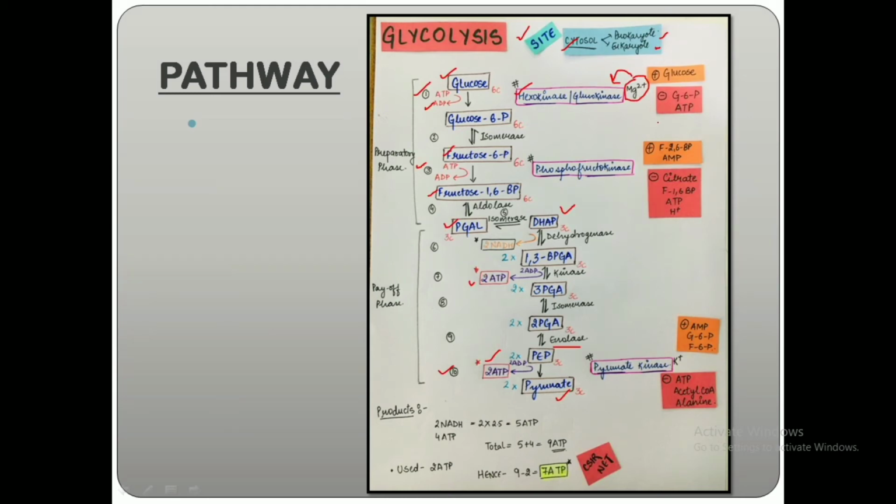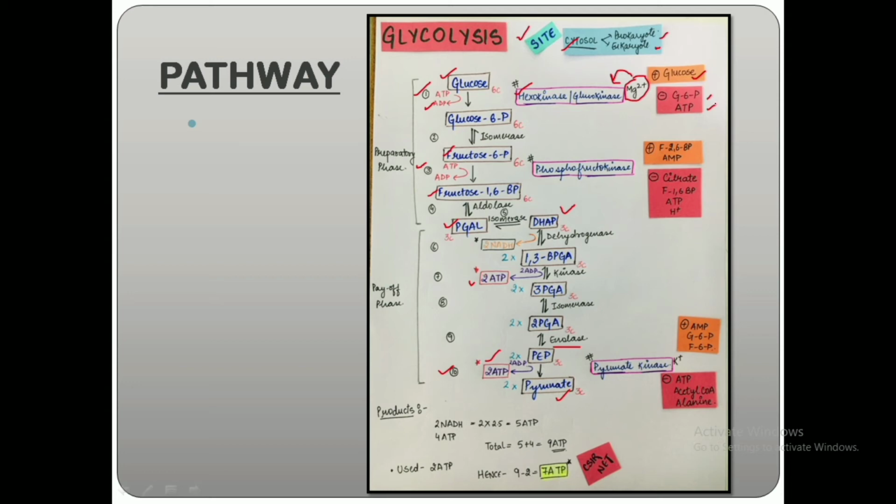So let's talk about their positive and negative regulators. For hexokinase, glucose is the positive regulator and the negative regulators are glucose 6-phosphate and ATP. It is very important to remember these positive and negative regulators because many questions have been asked previously.